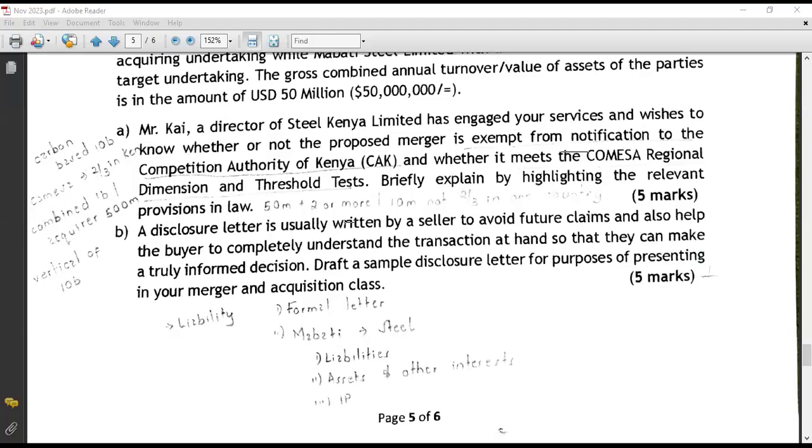So what are the exemptions from notification? Because that is the first part of the question. A merger taking place wholly or entirely outside of Kenya, which has no local connections.